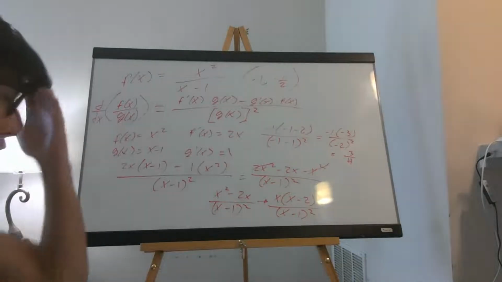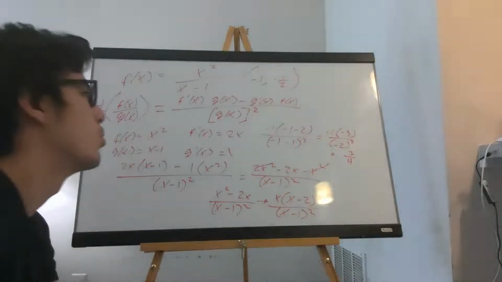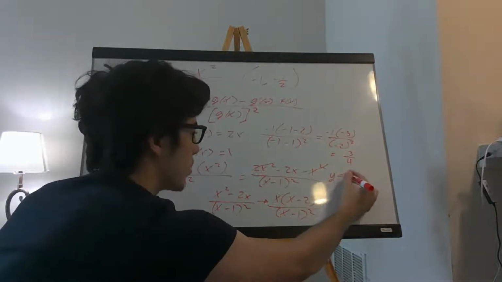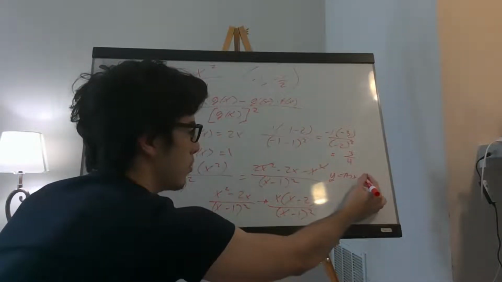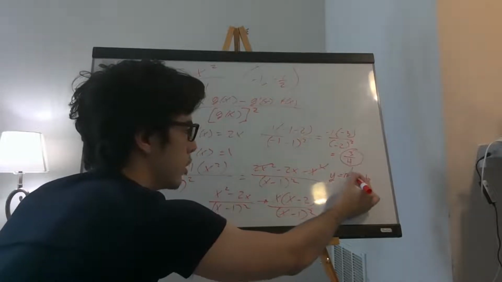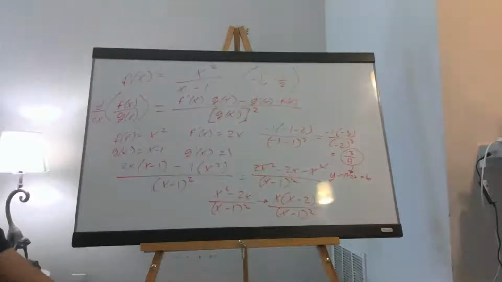So that's going to be our slope right there. So now we've got, if you guys remember from high school, y equals mx plus b. So this 3 over 4 is going to be acting as our m.